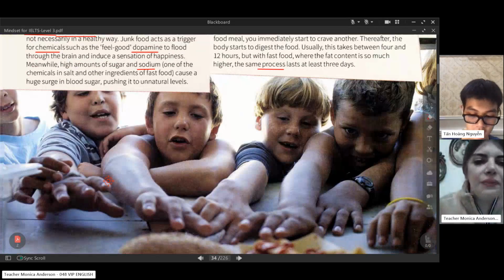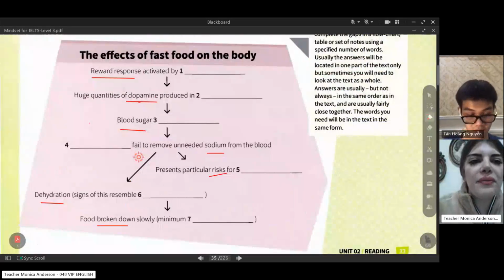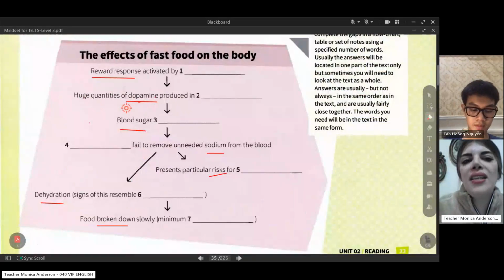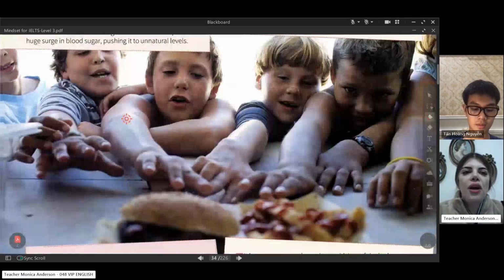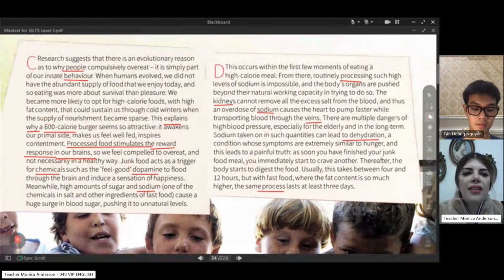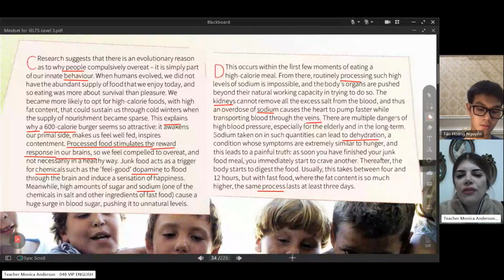Okay. Well, the second one, high quantities of dopamine produced in. So let's scroll up, find dopamine and try to find the answer. Where?